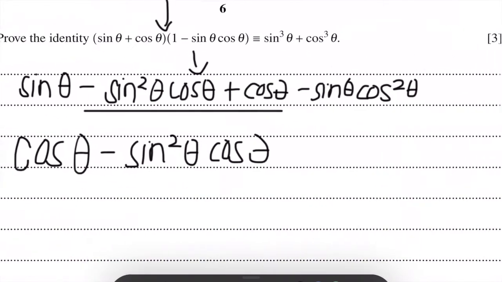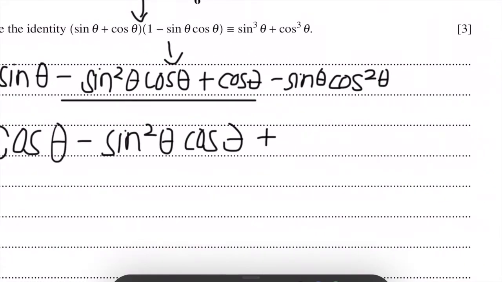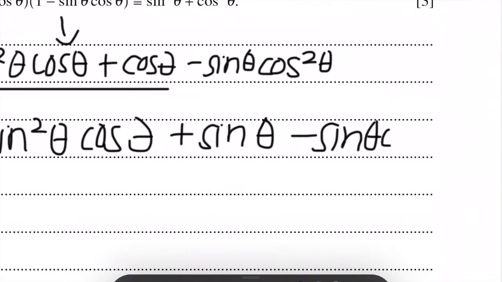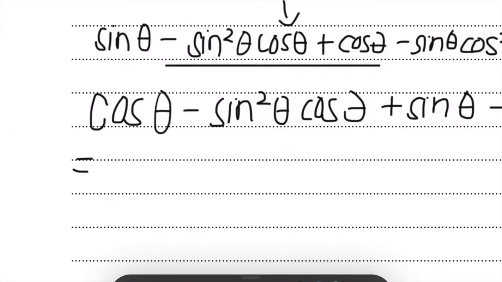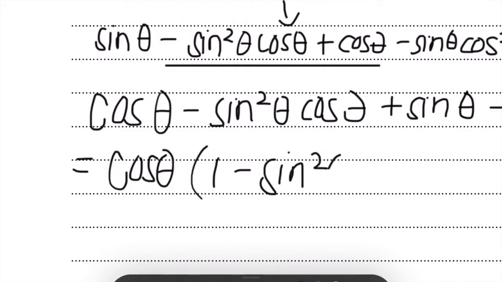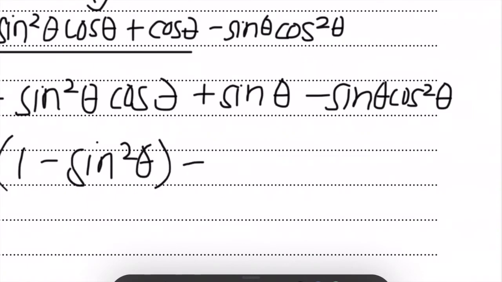Now we'll group the rest together. Next, I will factorize cosine. And for the last two, I will factorize sine.